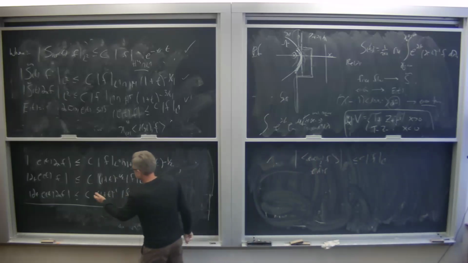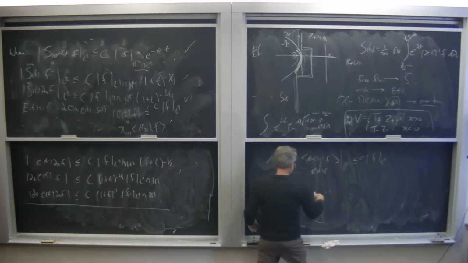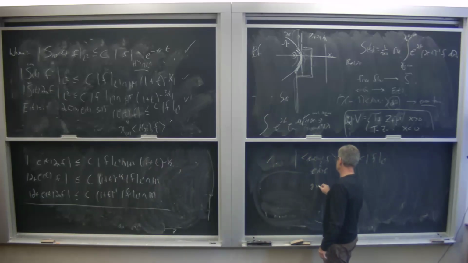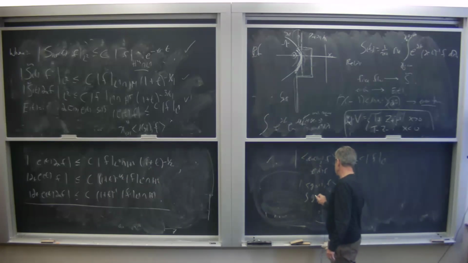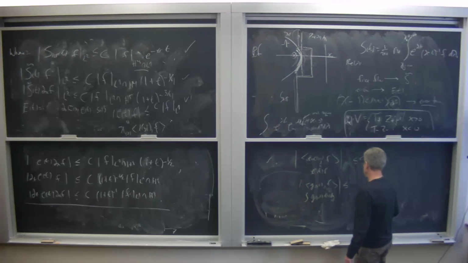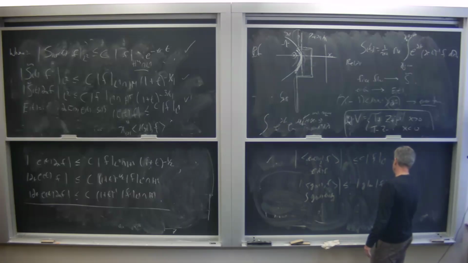And now if I take the time derivative of an error function, I get a heat kernel. So that's the integral of G of Y T F of Y dy. I can bound that by L1 of F, L infinity of G. And the L infinity norm of a heat kernel is like T to the minus 1/2.